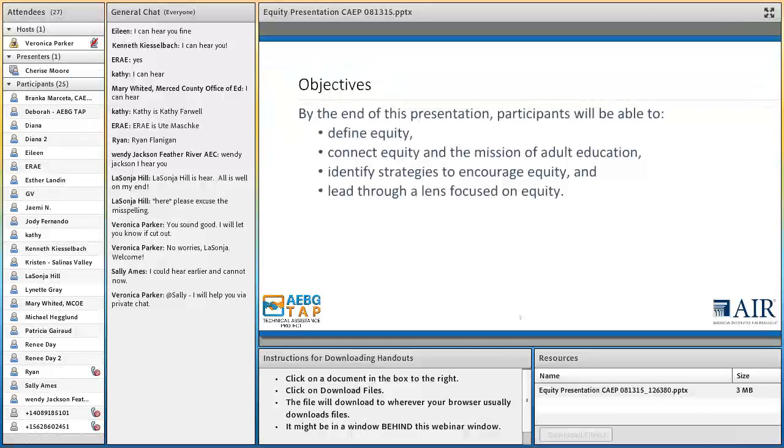And so as you look at things through a lens focused on equity, sometimes it helps you make more informed decisions. And so that's the one thing I want you to leave with today, that lens focused on equity.